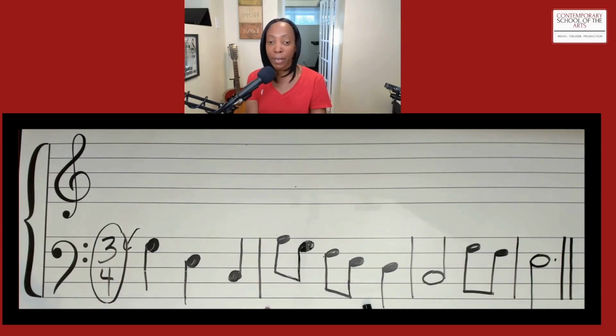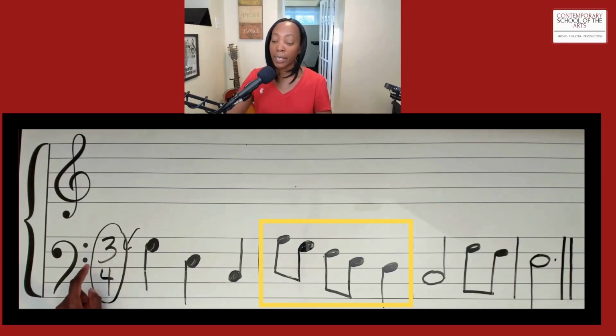Let's look at the next measure. We have 2 eighth notes beamed together, and we know when we see 2 eighth notes beamed together, it equals 1 quarter note. So this is 1 quarter note, this is a second quarter note, and then we have a third quarter note equaling 3 beats in each measure.